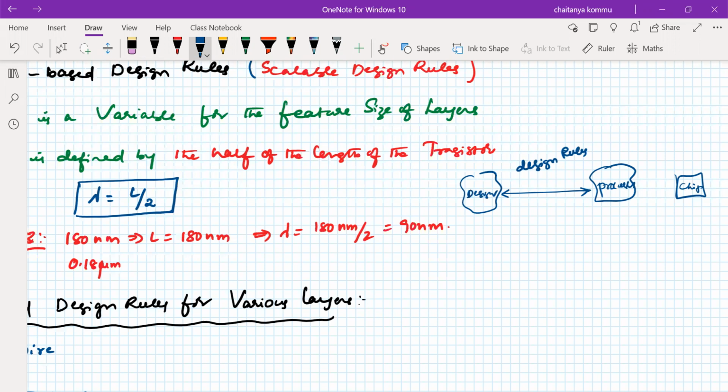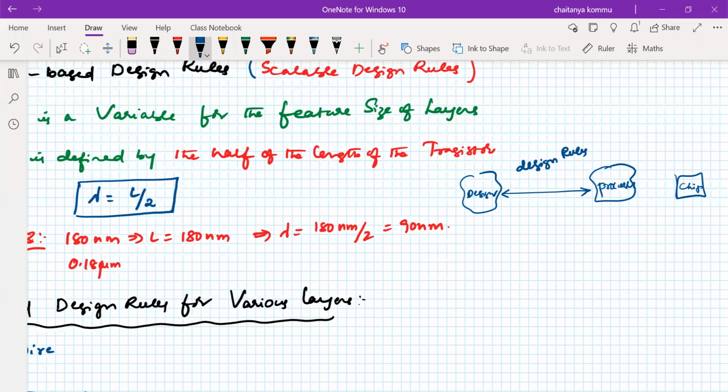Sometimes it is not possible. We are not able to achieve the required dimensions of the transistors because there may be a possibility of short circuits and open circuits. Therefore, the process engineer will tell the design engineer, you have to follow these kinds of rules, then only I am able to fabricate your circuitry in the given chip.